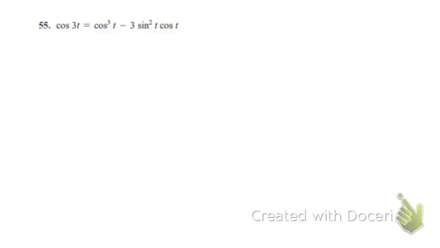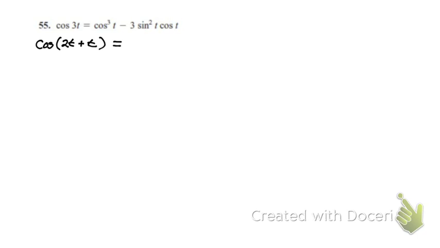So what I'm going to do is go back to, like on the test, where I had cosine of 2a. I changed it to cosine of a plus a. So in this case, I'm going to change this to cosine of 2t plus t. Because I have an angle addition identity that says, if this is my alpha and this is my beta, I can rewrite this as cosine alpha times cosine beta minus sine alpha sine beta, right?